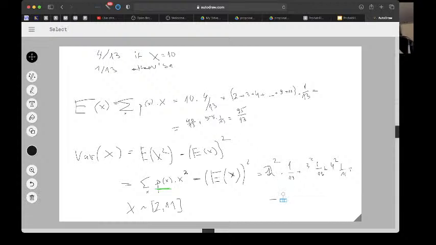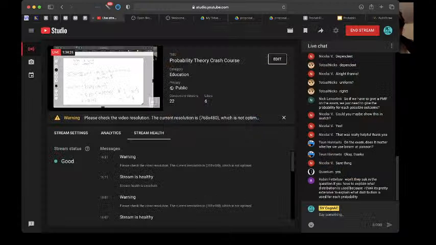And the only difference would be for 10. So if you have 10 squared times 4/13. Okay, is this clear? Is this okay?